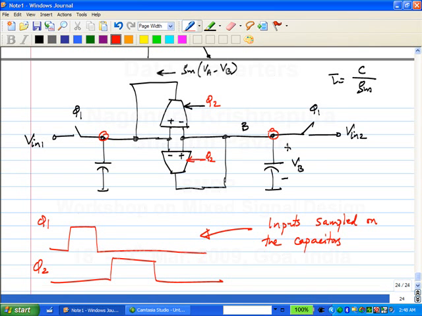The larger one will go to VDD, the smaller one will go to minus VDD. Does that make sense? So, at the end of phi 2, this node is sitting at plus or minus VDD. Similarly, this node is also sitting at plus or minus VDD, depending on the signs of the input.